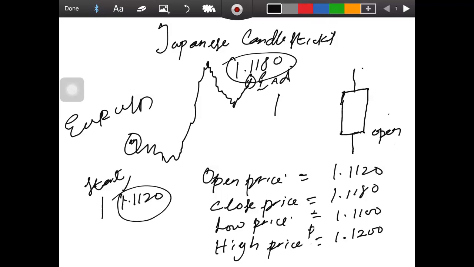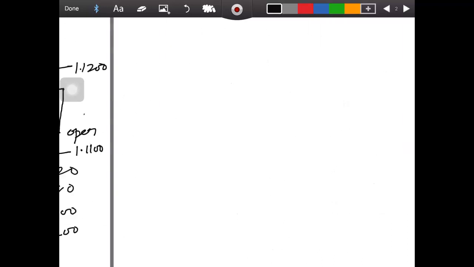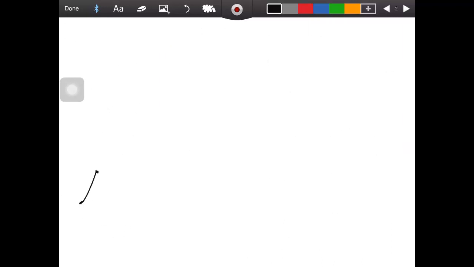So the highest point is represented by this price here, which is 1.1200, while the lowest point is represented by 1.1100.